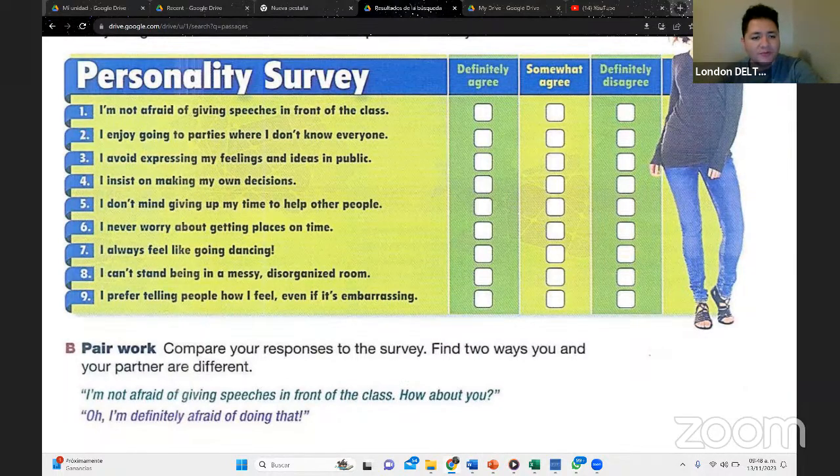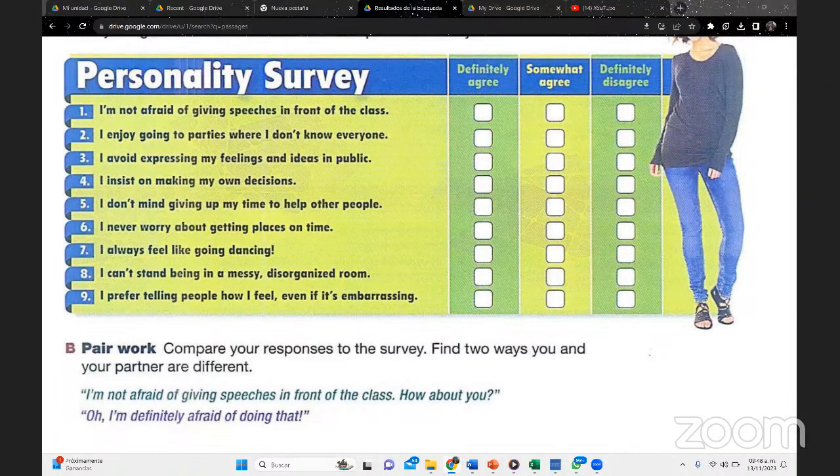Very well. And how do you feel about dancing in number 7? I like dancing in parties, familiar parties, or with my friends.